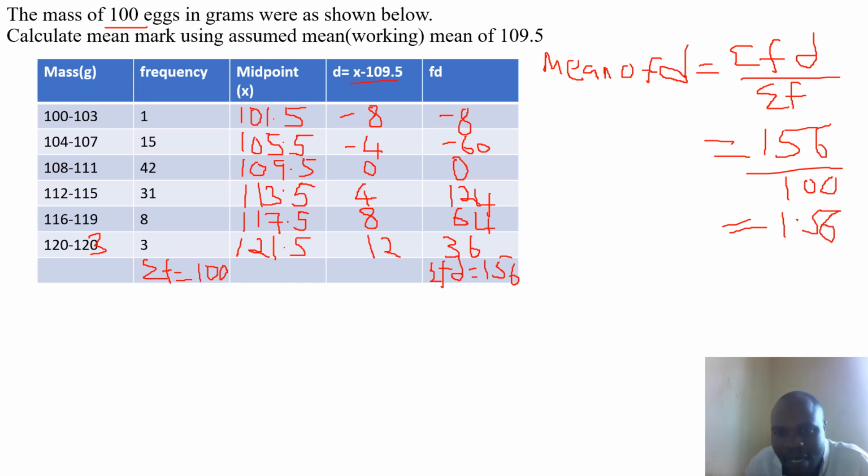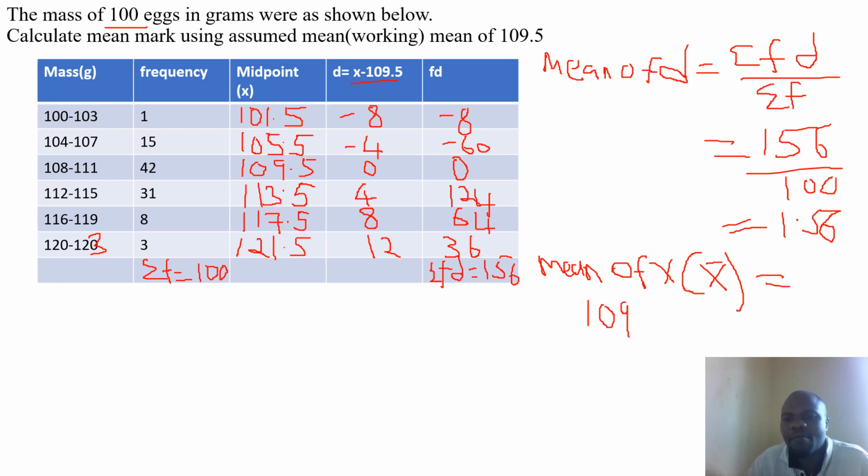And now I know the mean of X, or simply the X bar, will be equivalent to the assumed mean that we had of 109 added to 1.56, and this gives me my actual mean.